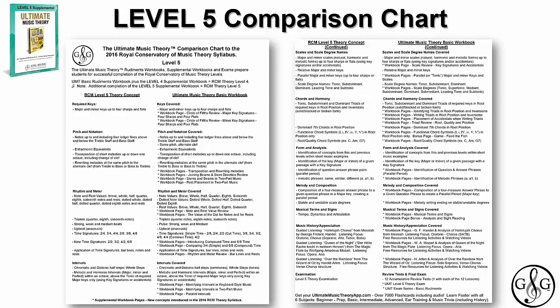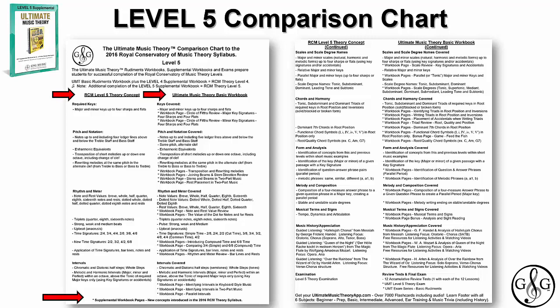Now, if you have your Level 5 workbook and answer book handy, you can follow along with the pages we're covering today. So I'd really suggest grabbing your Level 5 and you can follow along. So the Level 5 comparison chart maps out the RCM Level 5 theory concepts with the Level 5 supplemental workbook. And here you can see that they're all lined up. It's really easy for you to follow along.